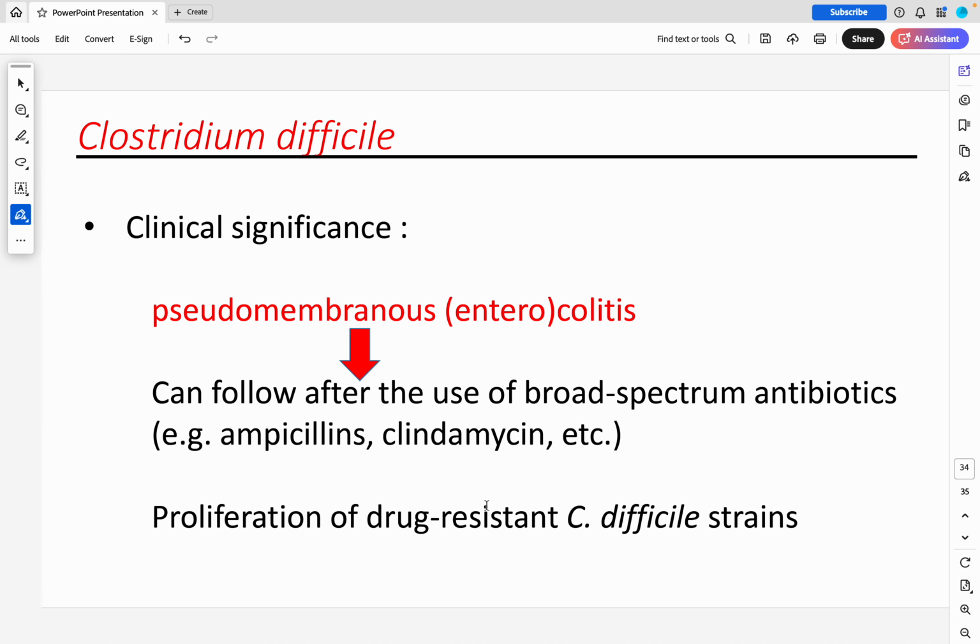And in contemporary times, drug-resistant C. difficile strains have been identified. It's actually not emerging, but I think C. difficile is already one of the highly monitored bacterial pathogens causing human infection.